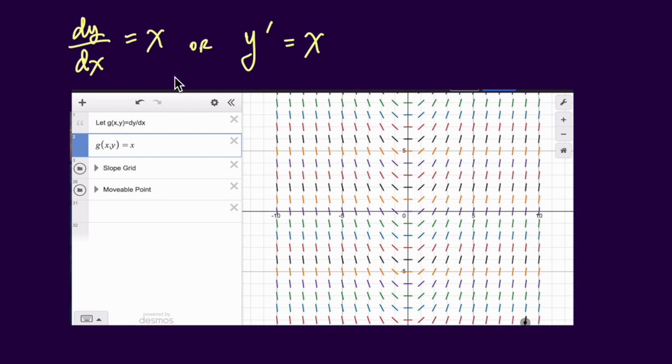Next, we have this differential equation, dy dx equals x, or we can write it as y prime equals x. And we have generated this slope field. Here I entered in the differential equation right here. Again, it has to be solved for y prime or dy dx to generate that slope field. And what we're going to try to do here is extract one of the solutions. This is an array of general solutions.